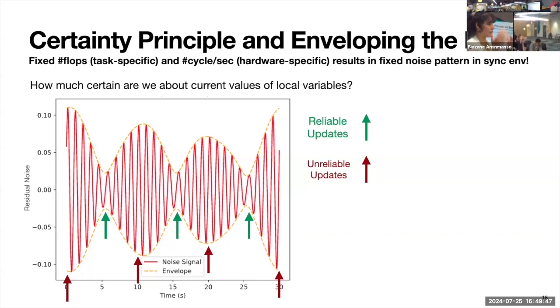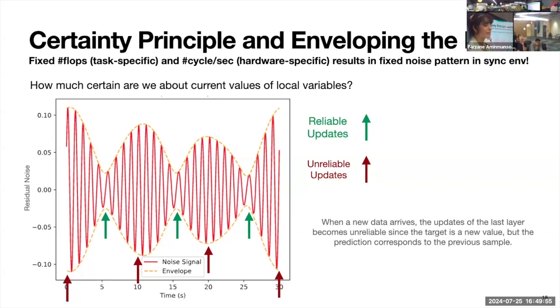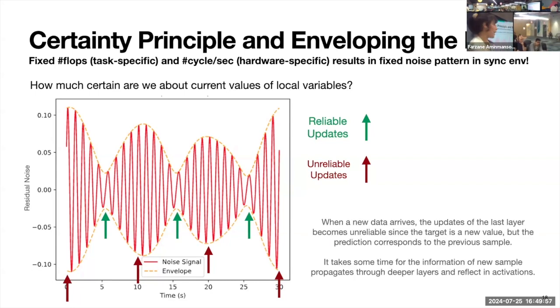And then after that, it grows a little bit until the next sample arrives to the network. If I draw the envelope of the noise here, on the damped oscillator, this orange dashed line is basically the envelope of this noise. Then you can see there's a cool pattern here, right?